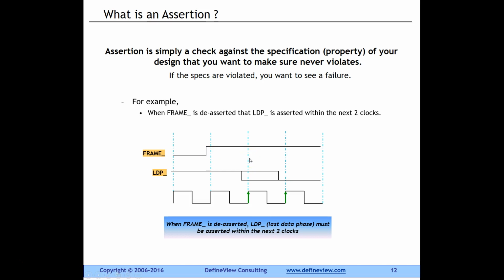Here's the first clock after which LDP is detected to go low, or it may go low after the second clock. In either case, if it goes low after the first clock or the second clock, the assertion is supposed to pass. If it doesn't assert within the 2 clocks, the assertion should fail.